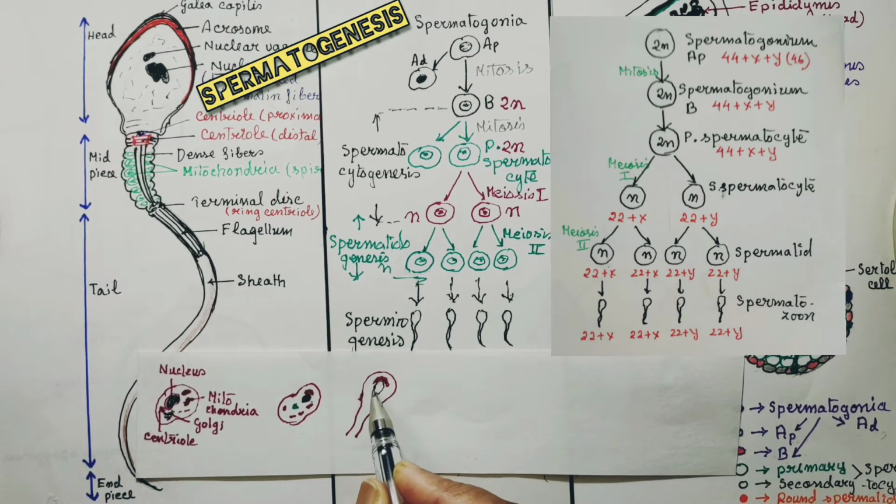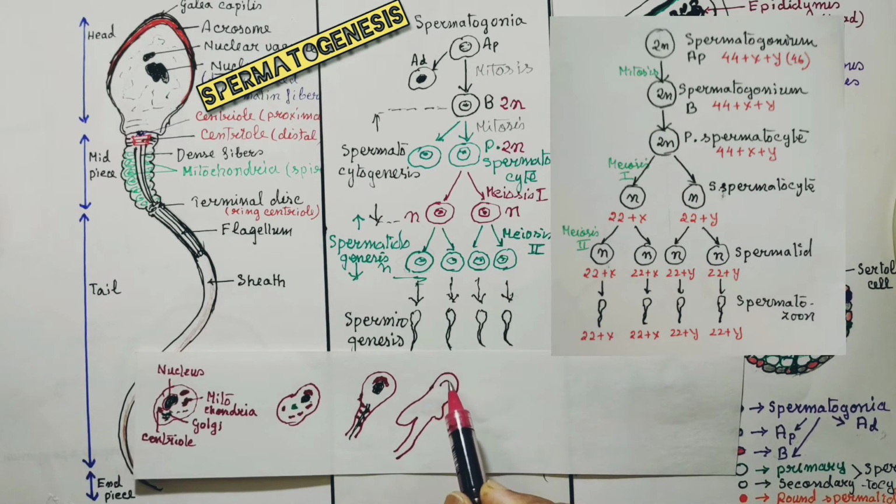Let me draw the nucleus. All the mitochondria gather together in the midsection and form a spiral structure. A thick rod-like structure starts forming, known as the axoneme, and around it the mitochondria gather and start forming a spiral.